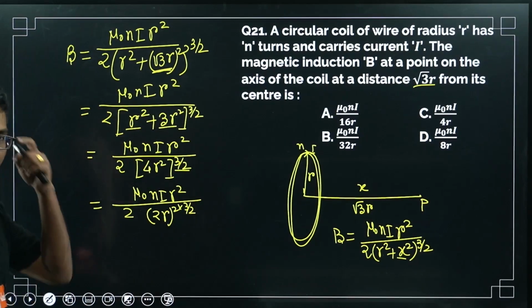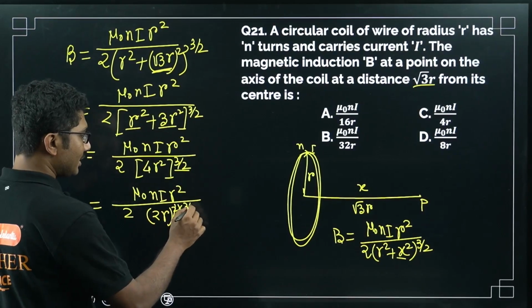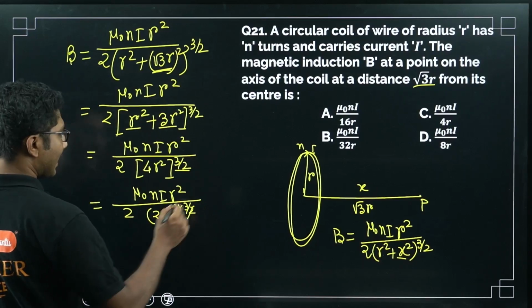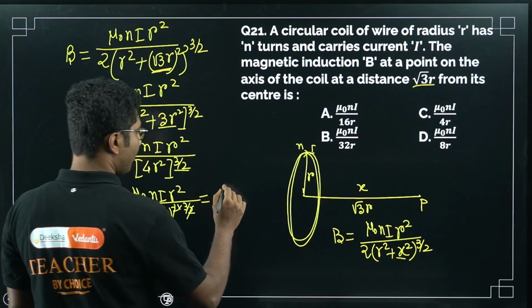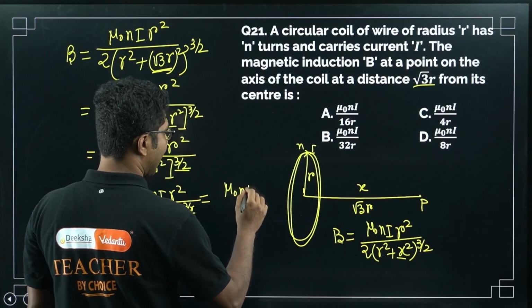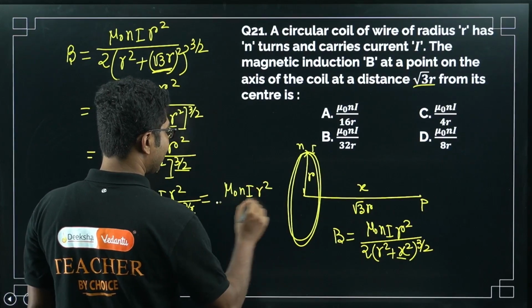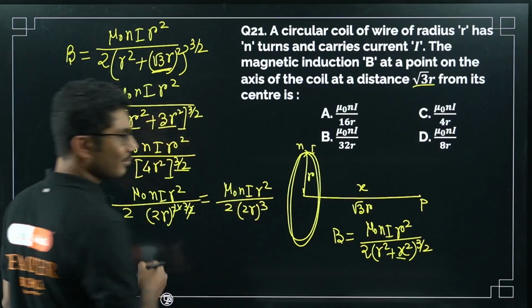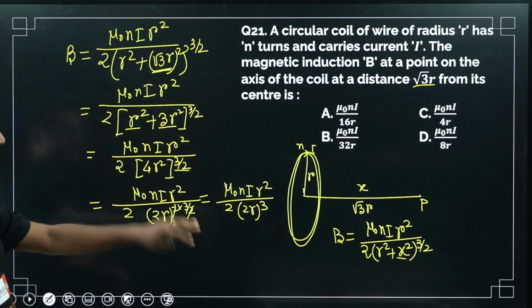Everything is in the power, so these two and these two will cancel. So now we can write this as mu naught Ni r square divided by 2 times (2r) whole cube.